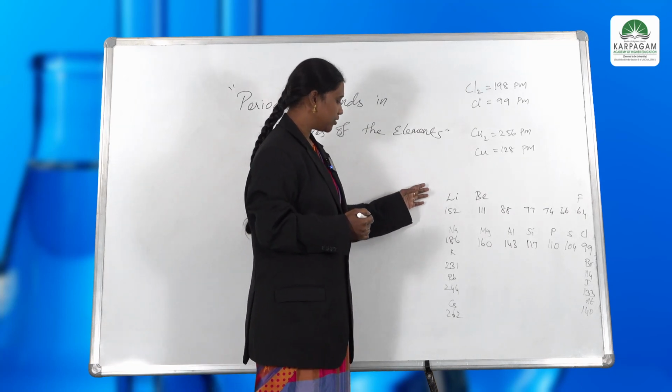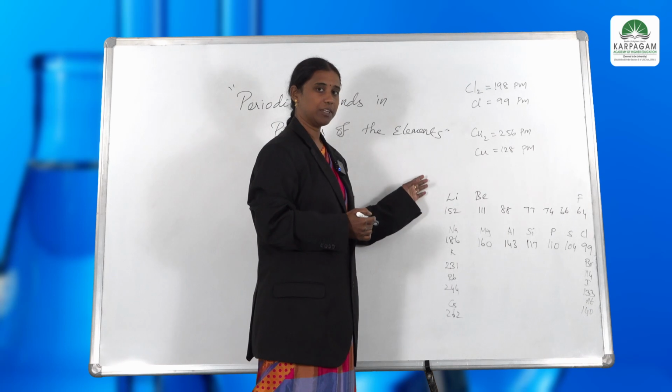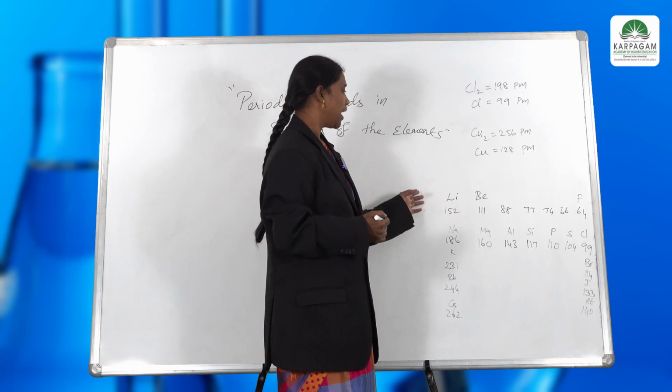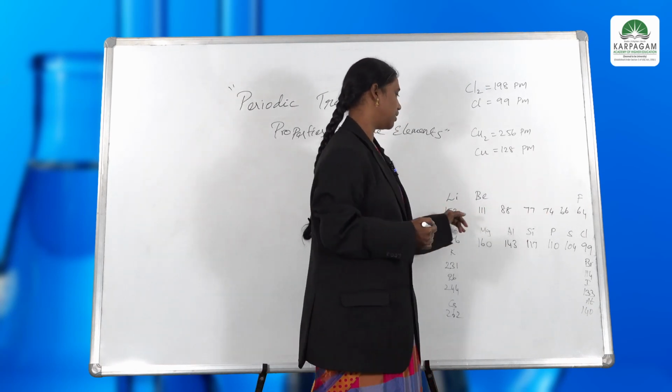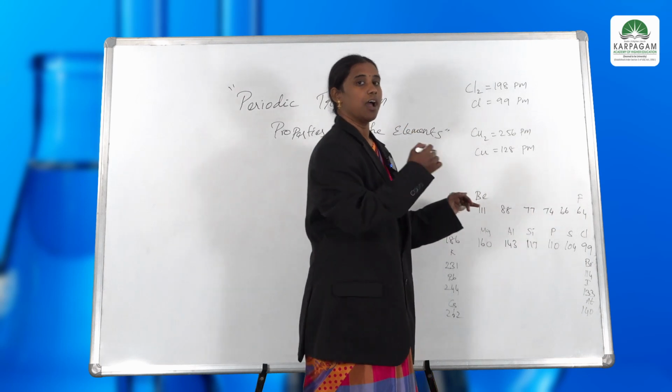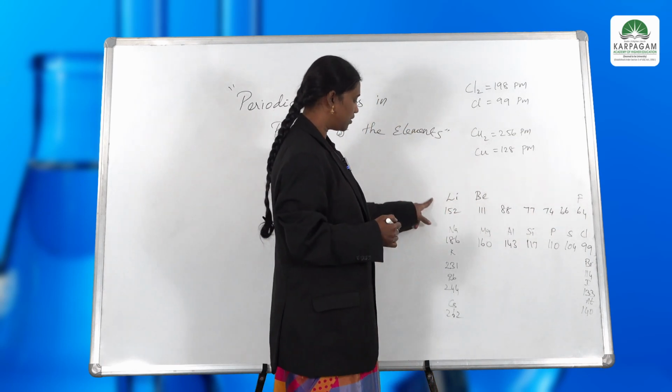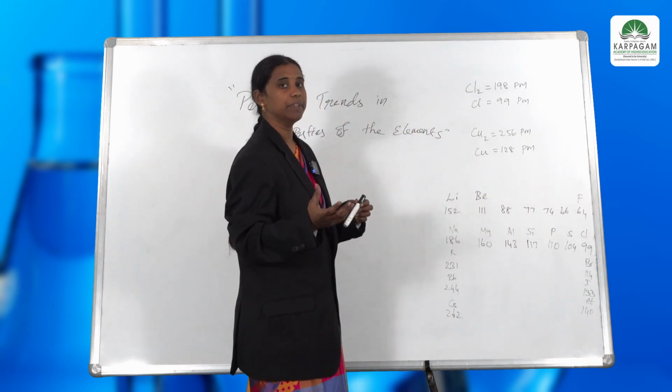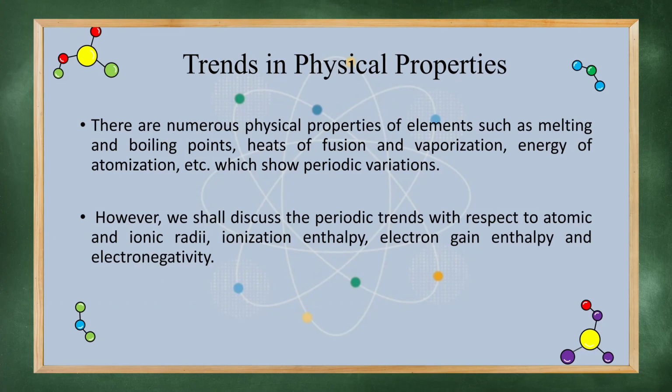The elements from lithium to cesium are considered a group, and lithium to fluorine are considered a period. This group and period have some properties like atomic and ionic radii, electron gain enthalpy and ionization enthalpy, along with number of atoms and nuclear charge.